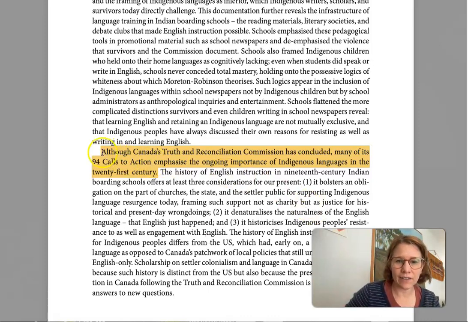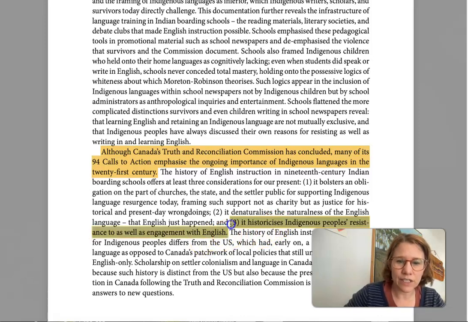And she does connect her study with the larger calls of the Truth and Reconciliation Commission that sort of set up the call that today there should be an acknowledgement of the wrongdoings of language policies in Canadian government and in their treatment of Indigenous children in the school system.